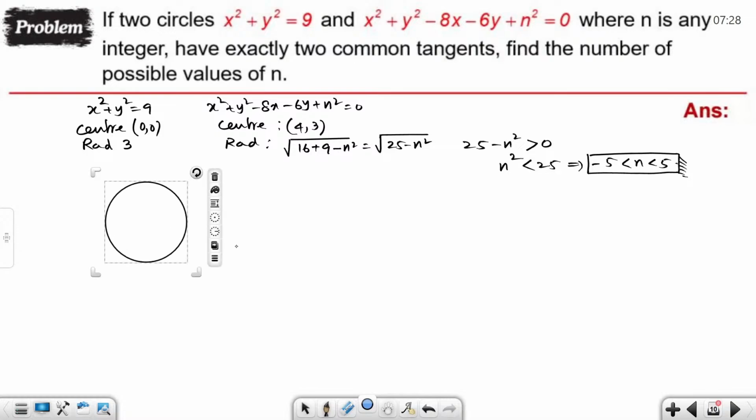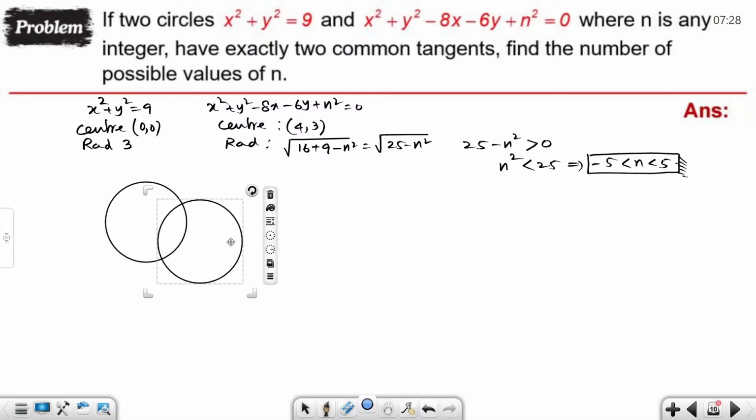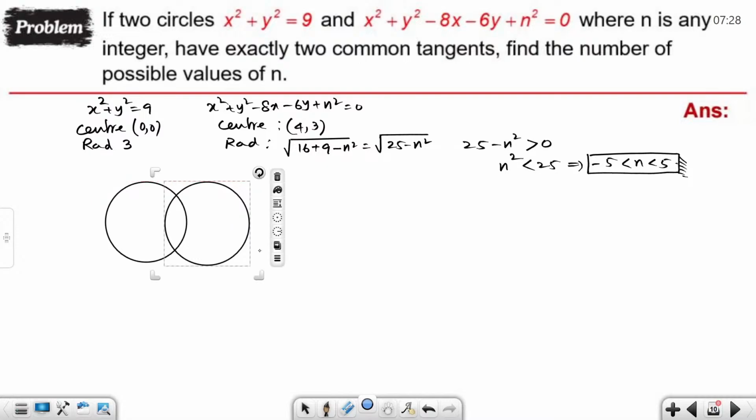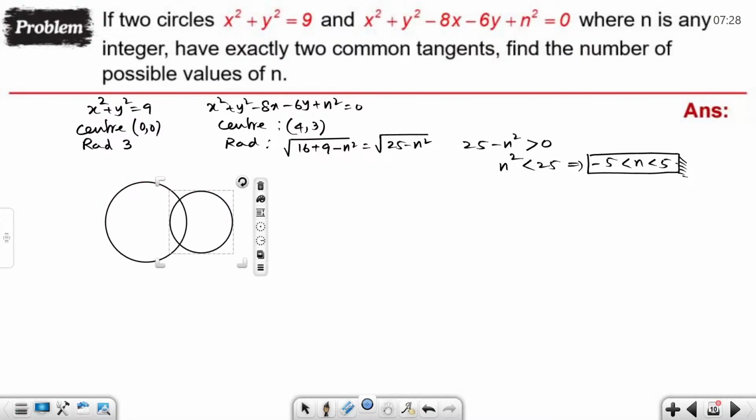It is possible when the circles are intersecting each other. Can you remember? When they are intersecting each other, in that case, you are going to have exactly 2 common tangents. Like this is one tangent and this is the other tangent. Is it clear? So we are having exactly 2 common tangents when these 2 circles are intersecting each other. Am I correct?